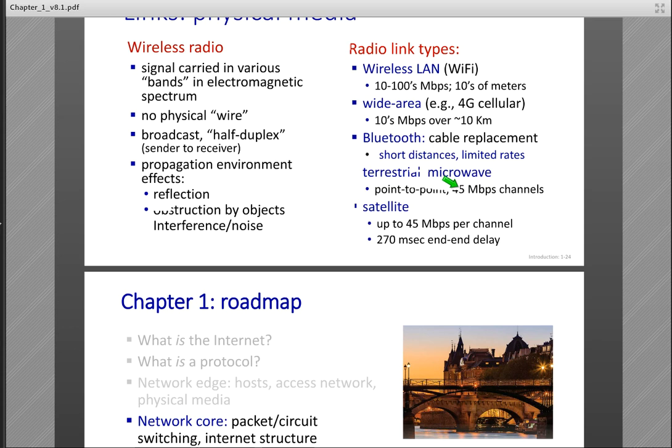Terrestrial microwave are mounted on the Earth, and satellite microwaves are mounted in the sky. In both of them, we have 45 megabit per second channels, but there is one main difference, because here we are using microwave in both of them. So those signals are very sensitive.